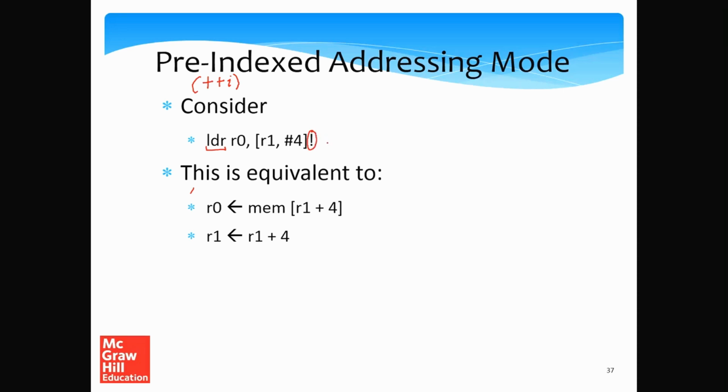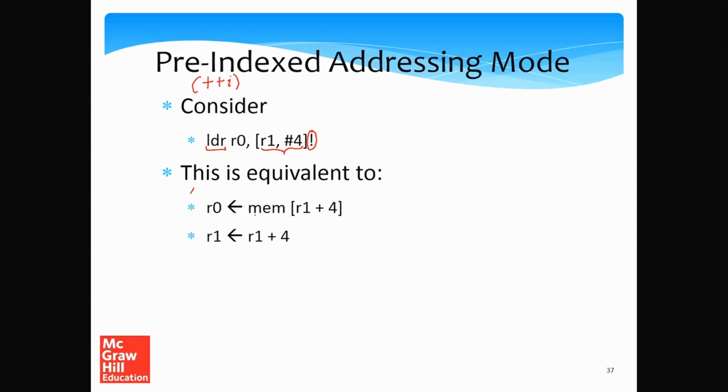This essentially tells us that we need to go for the pre-indexed addressing mode. So this is equivalent to accessing the memory at R1 plus 4. We first add 4 to R1, compute the address, access the memory at that location and save the result in R0, and we also increment R1 to R1 plus 4.